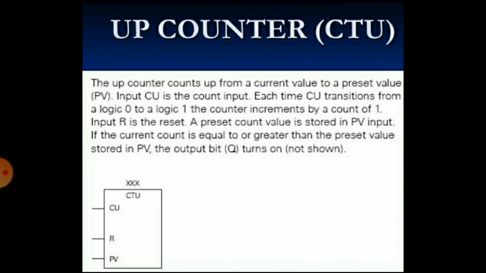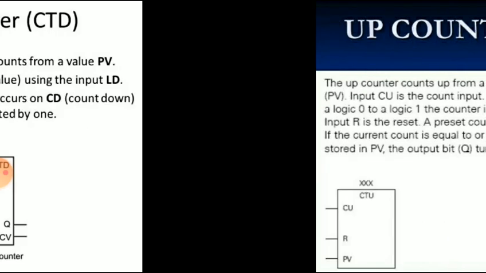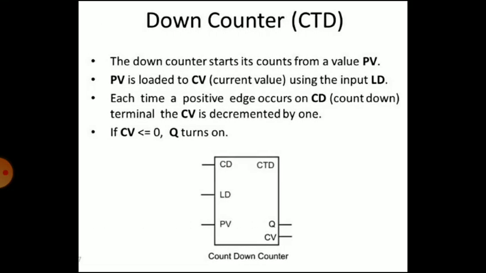Regarding the up counter, it counts up from a current value to a preset value. The next type of counter is the down counter, that is CTD. The down counter starts its count from a value PV, that is the preset value.